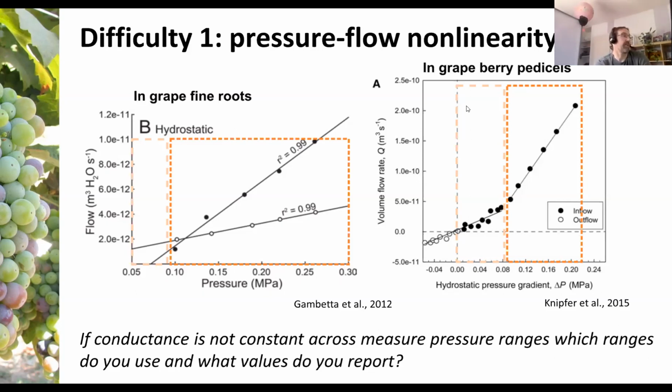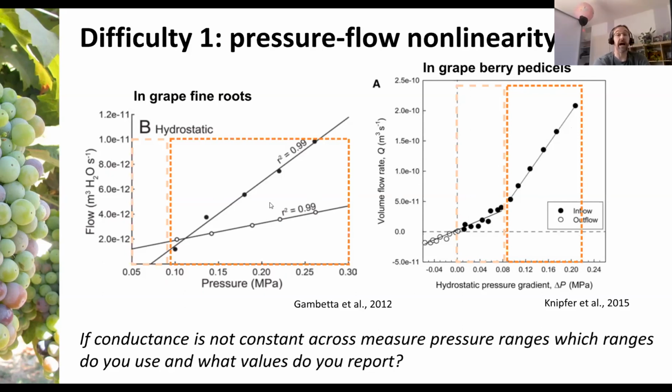What I did was box here, for clarity, the pressure ranges, and I superimposed those back onto this earlier study that I did in roots. And you can see I didn't even measure pressures in that range in that study. So I'm assuming these linear things. What I measured maybe was the equivalent of this conductance.